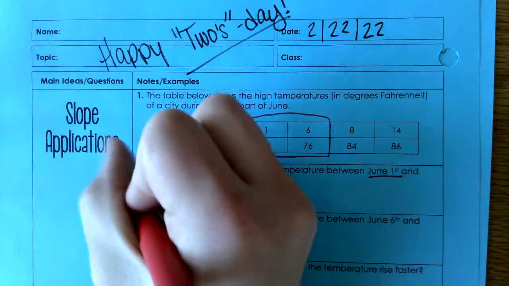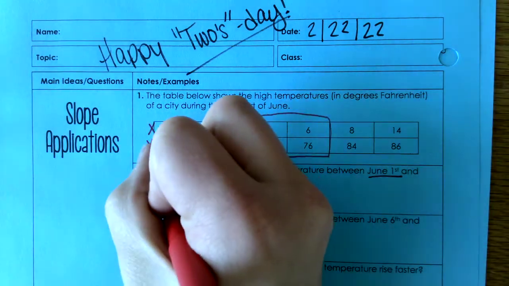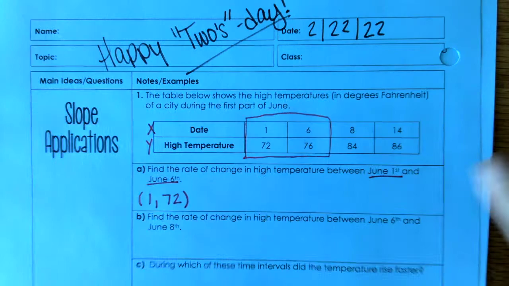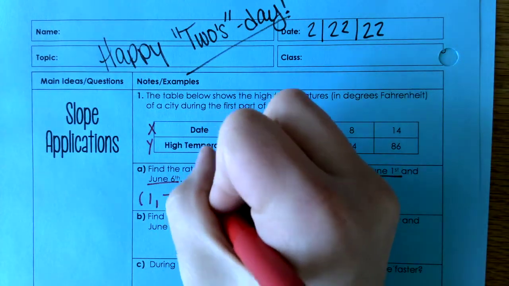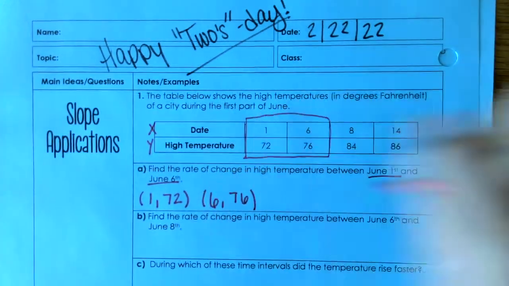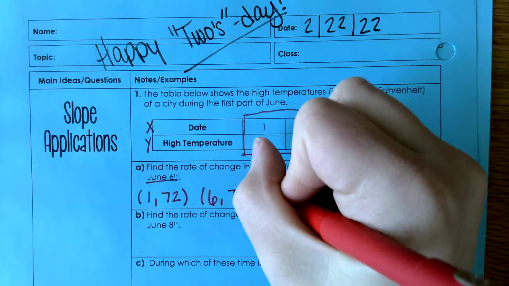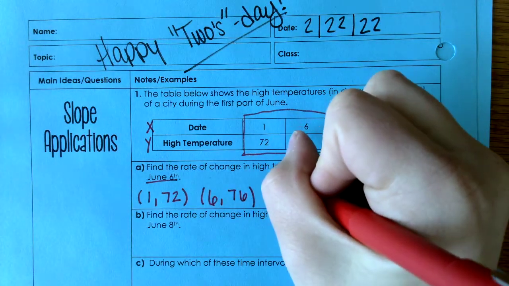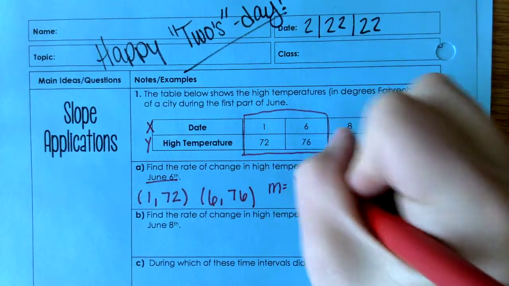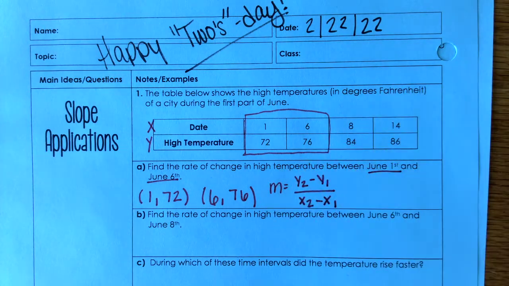Well, those points then, for the first, I have 1,72. And for the 6th, I have 6,76. Well, we all know our slope formula by now. It's m equals y2 minus y1 over x2 minus x1.